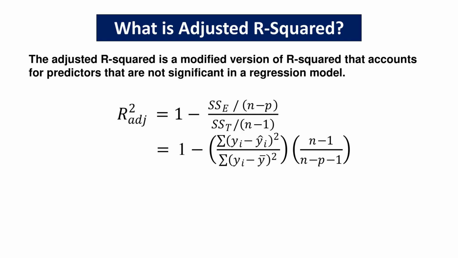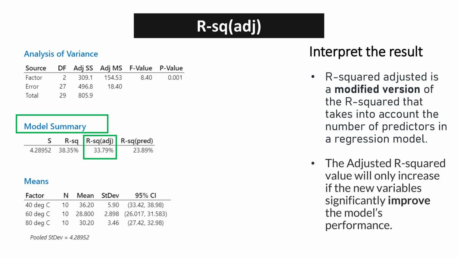The adjusted R-squared is a modified version of R-squared that takes into account the number of predictors in a regression model. The adjusted R-squared value will only increase if the new variables significantly improve the model's performance.